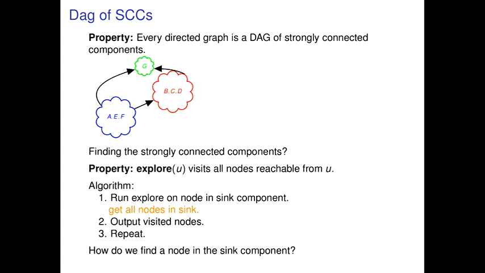Could we find a source with the post order numbering? Is the last node popped off the stack a source? Because that's the first one we put first, there can't be any incoming arcs. So in some sense, the post order number is telling me something about the graph: it tells me a source. But I want a sink. Okay, sink versus source, well, there are some issues.